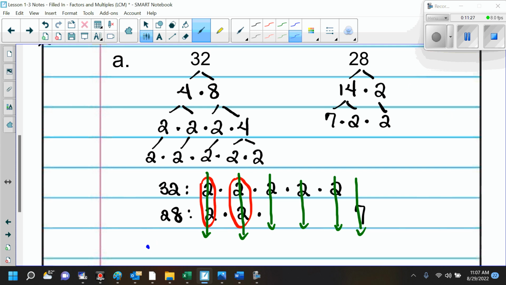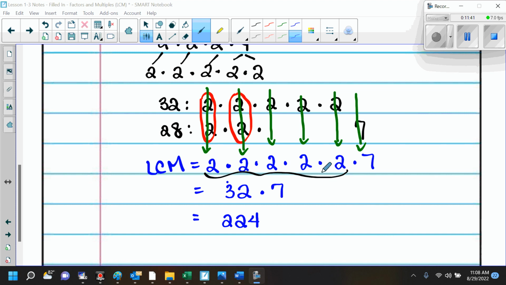So to get the least common multiple, we're going to multiply 2 times 2 times 2 times 2 times 2 times 7. So here we multiplied everything they had in common and everything else. Is everybody clear with that?